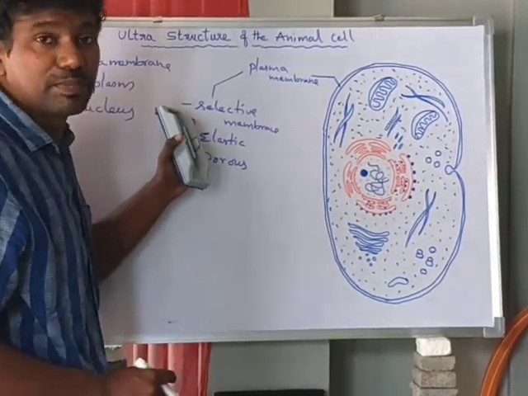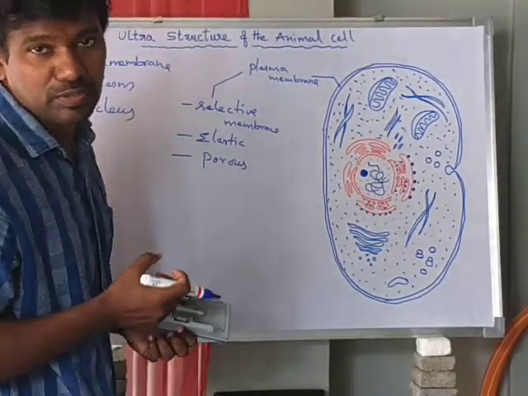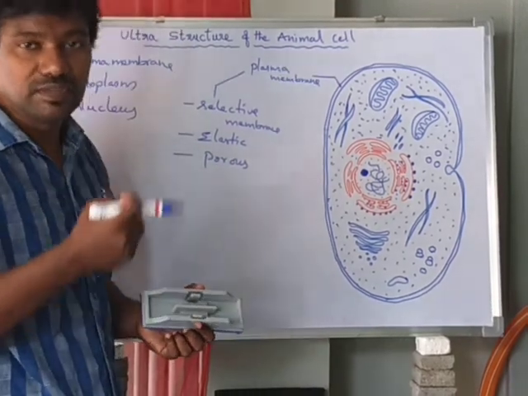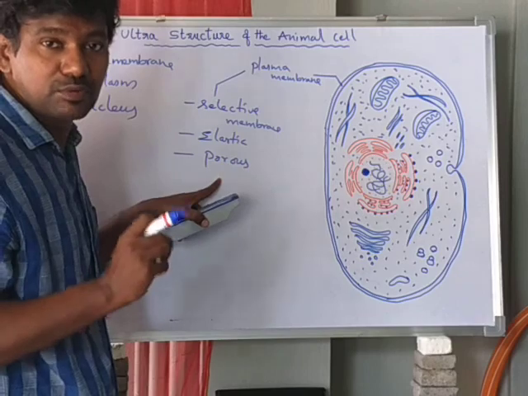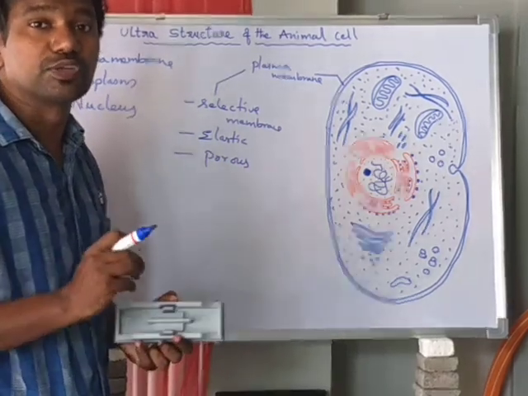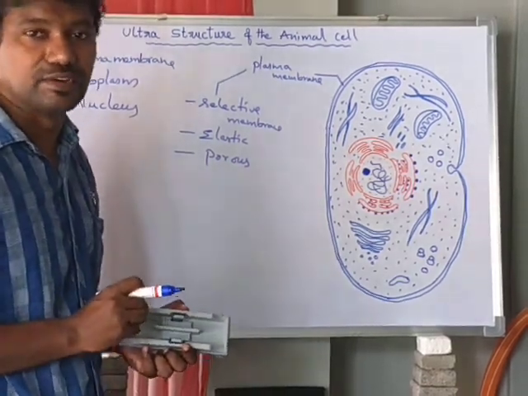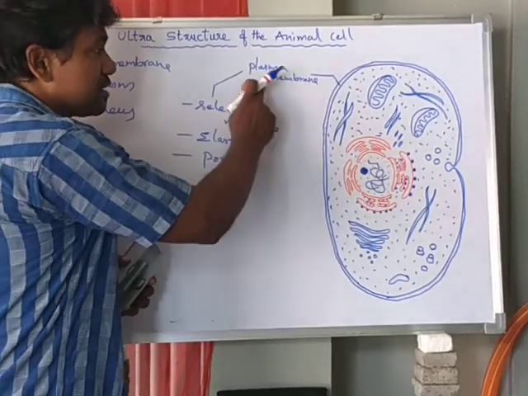Selective membrane means it allows the needed molecules into the cell. Being porous, it contains minute apertures which control the movement of molecules inside and outside of the cell. This is the nature of the plasma membrane.